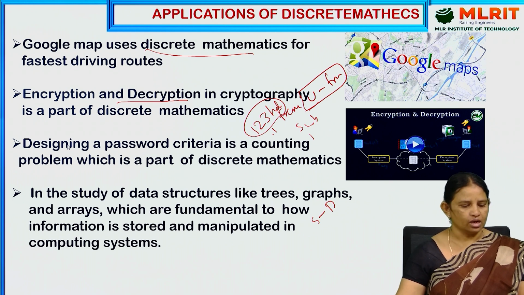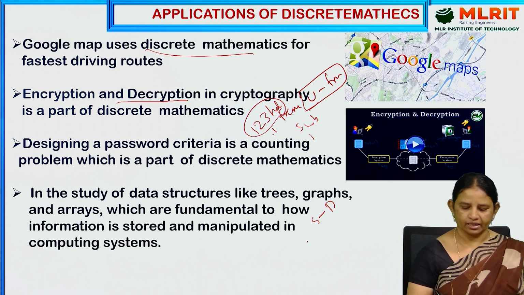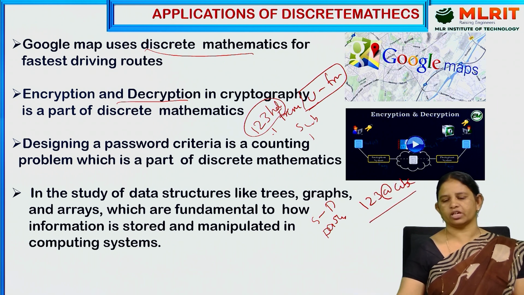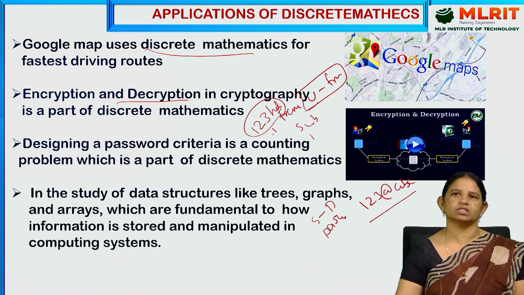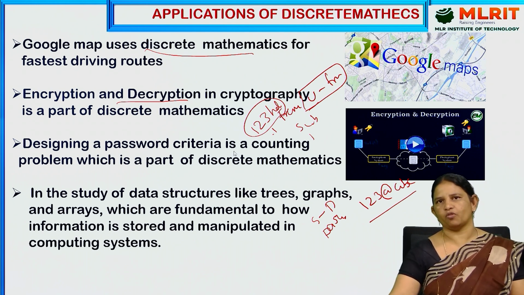Also, the next application is designing passwords. What is the password criteria? Different users can use different passwords like 123@ABC. Different types of combinations are possible. How can we do the combinations? It is one type of counting problem.